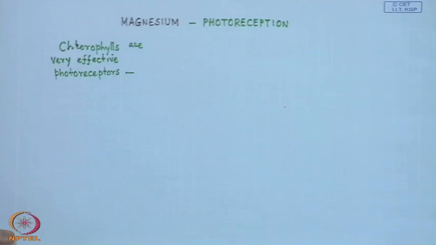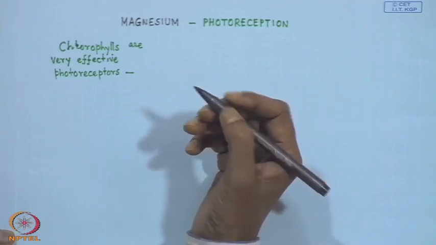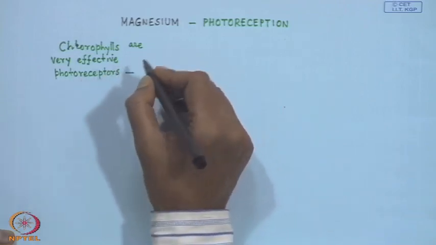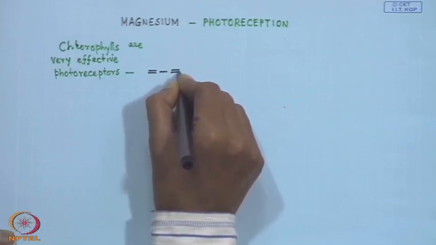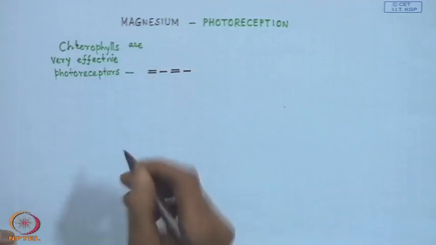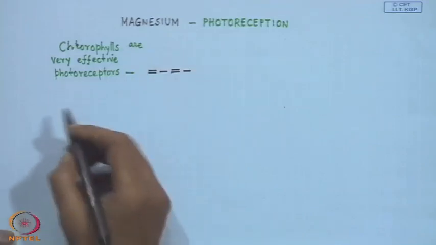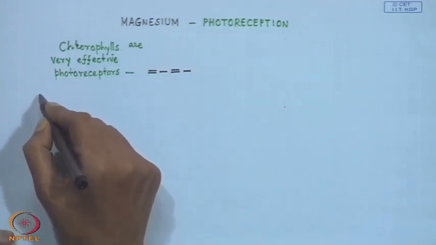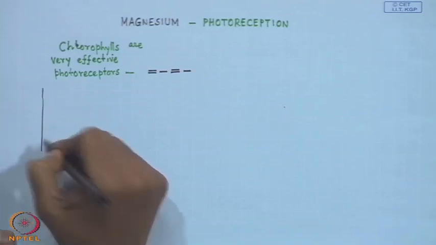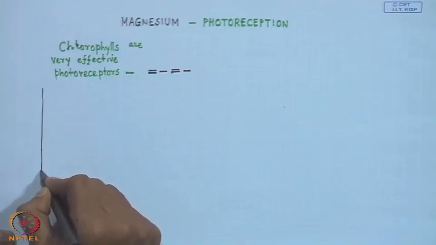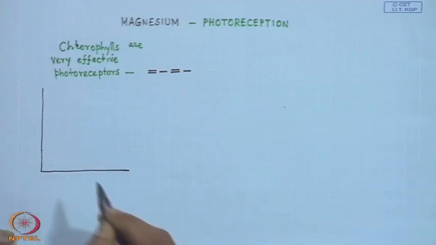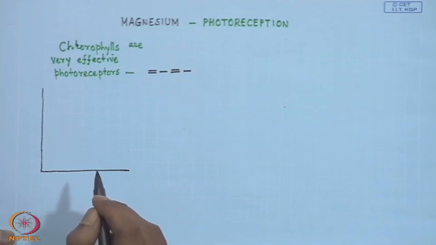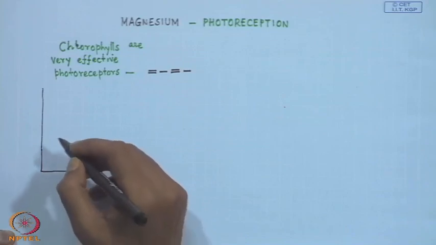So, we know the definition of receptors, and it can take up photons. There is a network of alternating double bonds and single bonds such that your absorption comes down to the visible range, and one particular band that we use for characterizing the porphyrin unit, as we all know now, is the Soret band. The Soret band is also present in cytochrome P450.